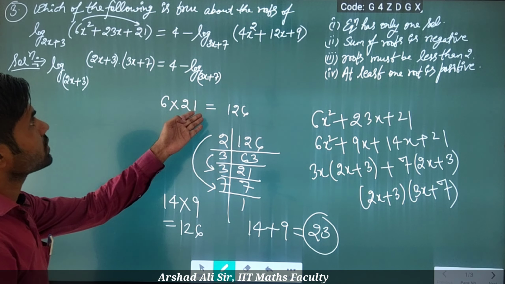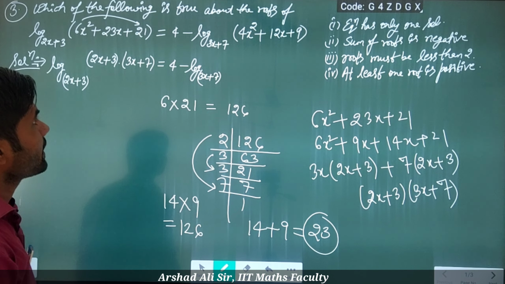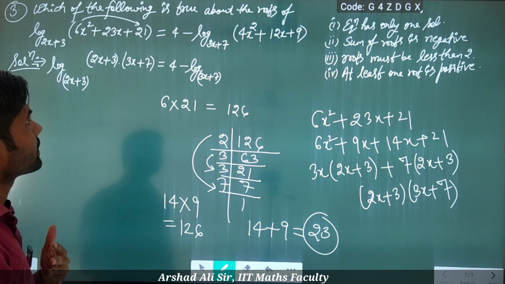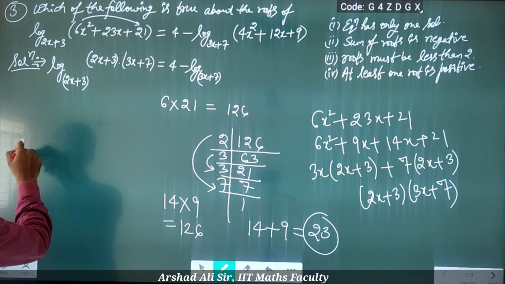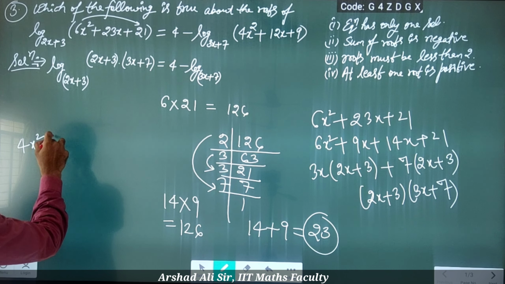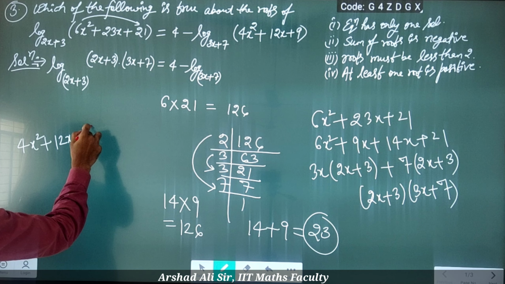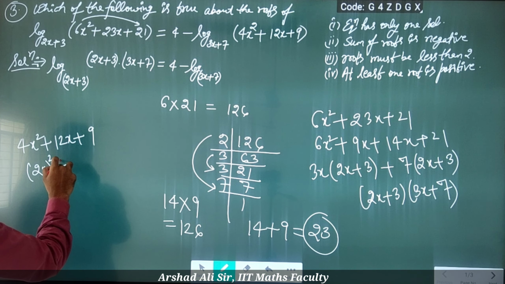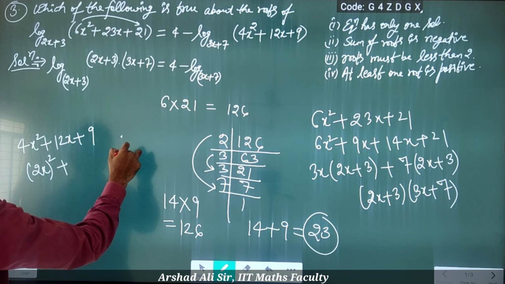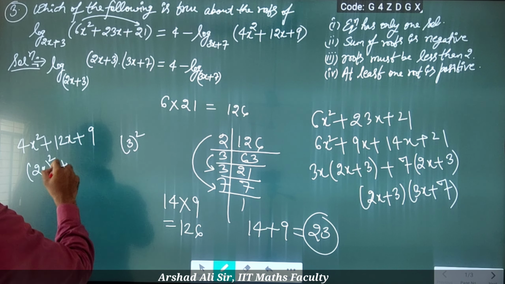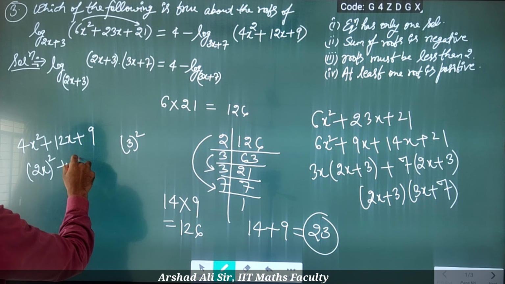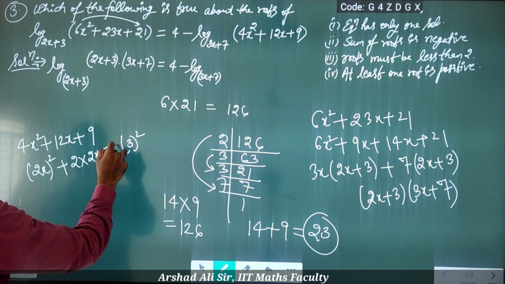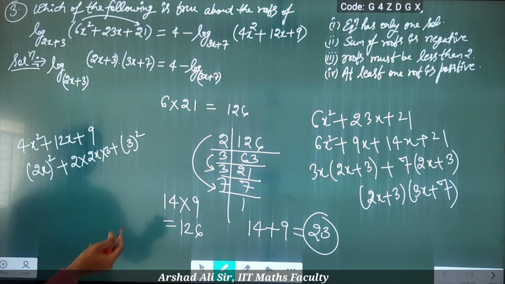Now what about 4x square plus 12x plus 9? Try to think, can we find factors or not. 4x square means (2x) whole square, plus 9 means we can write 3 square. And 12x, can we write 2 multiply 2x multiply 3? 2 2 is 4, 4 3 is 12.